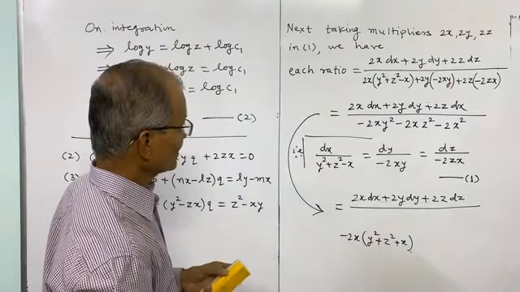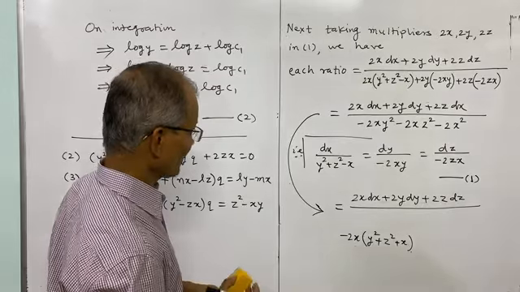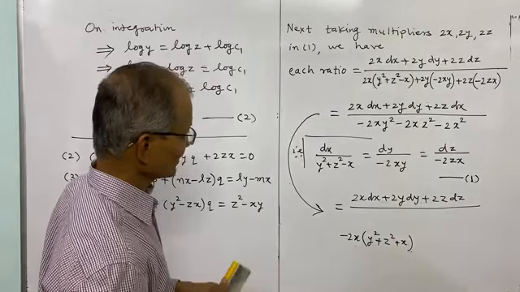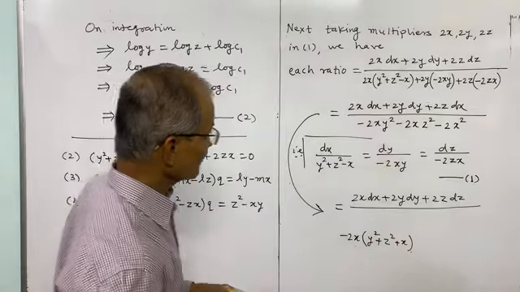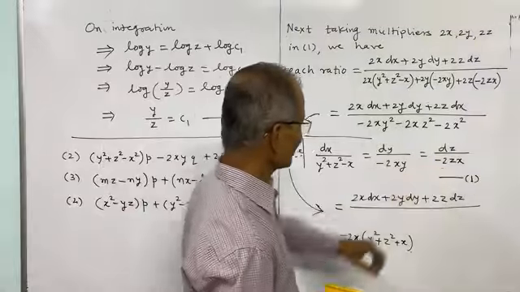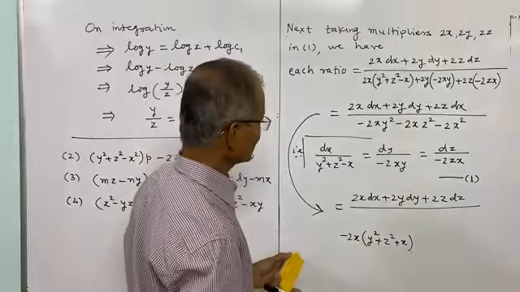So whether it will be useful for this? Each ratio we obtain, and we can equate this to which one? If we equate this to the last one, then minus 2x cancels, but the x remains.